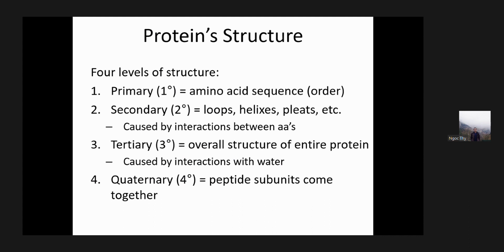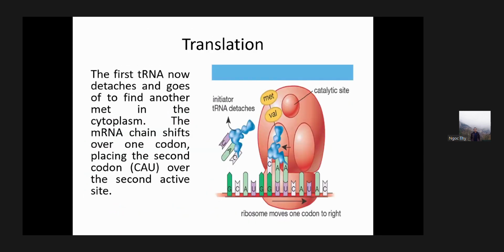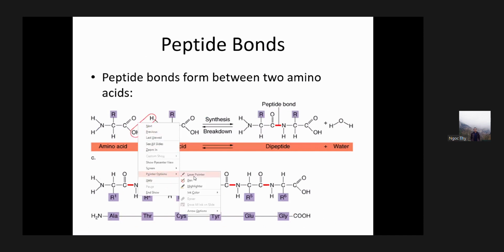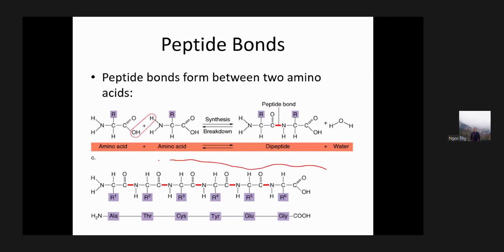The first level, the primary level, is the sequence of the amino acids. So this is the first degree, the first level of protein structure.